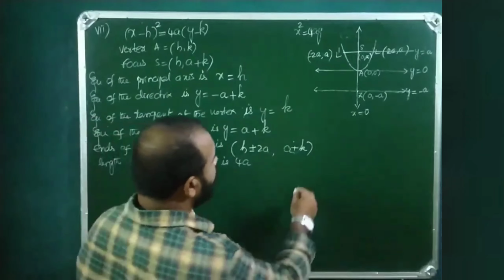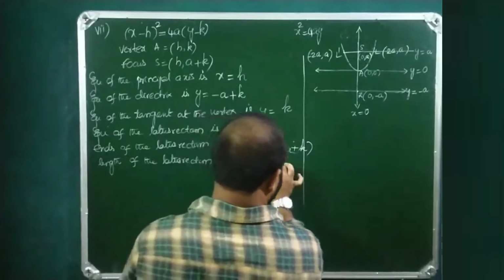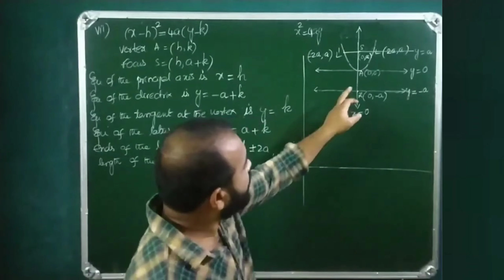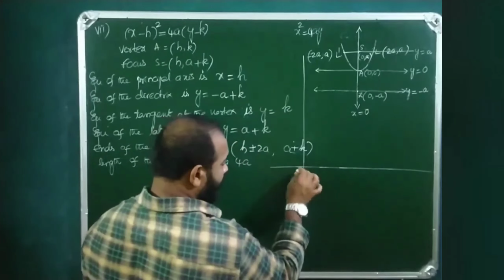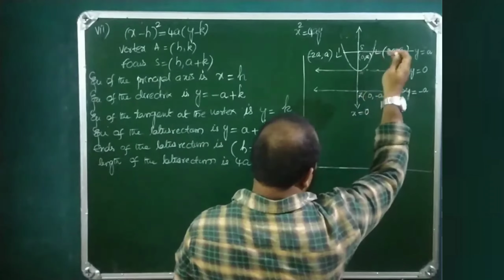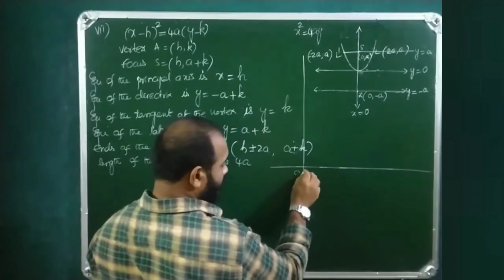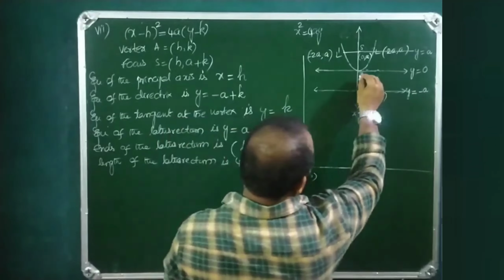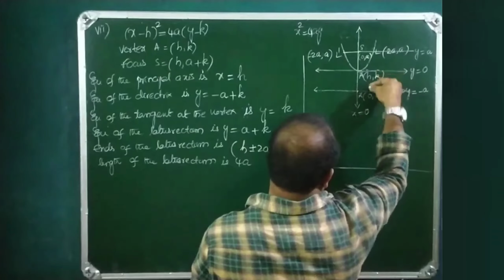So ultimately the diagram for this is: the origin is not at 0 0, it has been shifted to some other place. This is A dash, h comma k.